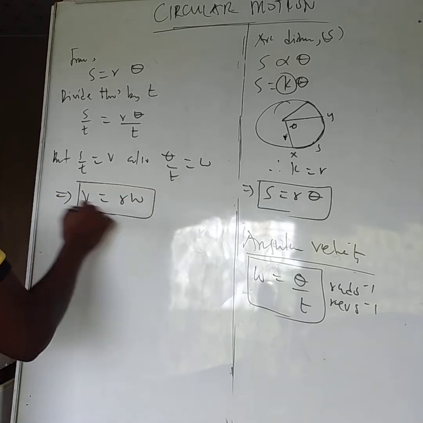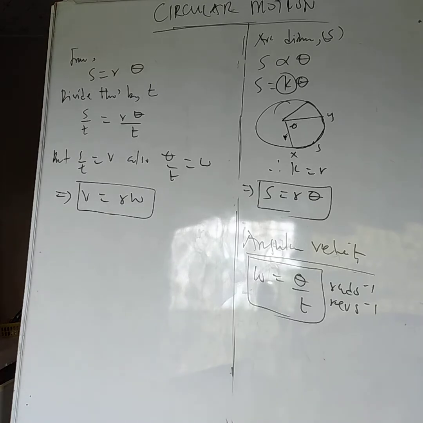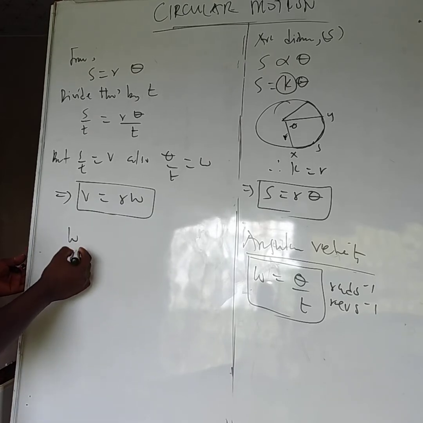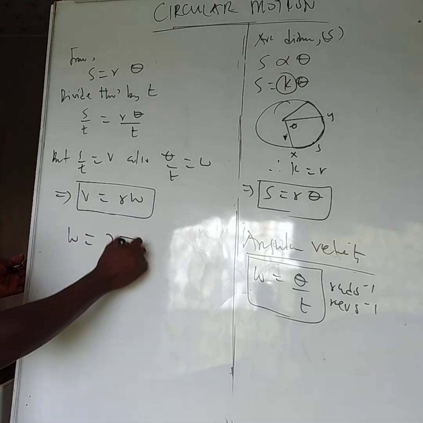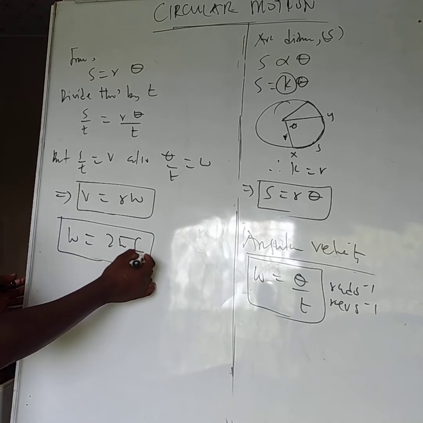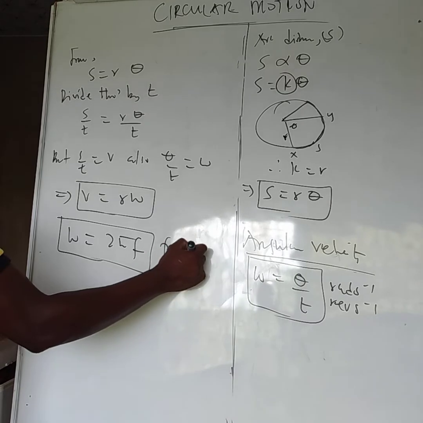So this is the equation that we have as far as linear velocity and angular velocity are concerned. As we move on, let's bring in some equations. Omega is also equal to 2 pi f, where f is the frequency.